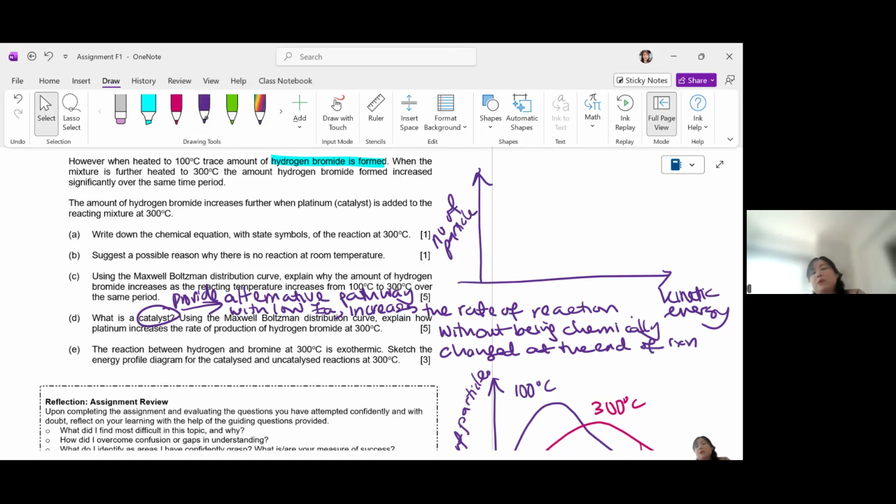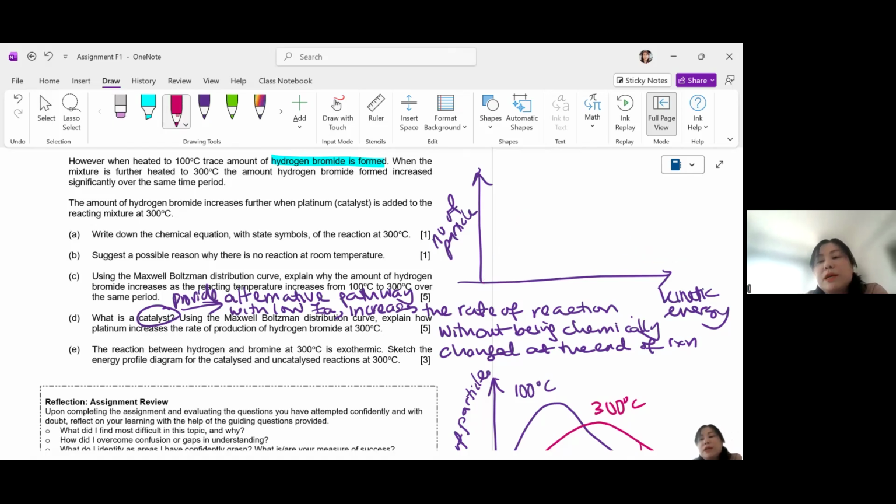So we first define what a catalyst is and understand that it actually provides an alternative pathway with a lower activation energy. With that, it increases our rate of reaction, and the catalyst is usually regenerated without being chemically changed. So when we are plotting our Maxwell-Boltzmann graph, in this case, it will be one graph.